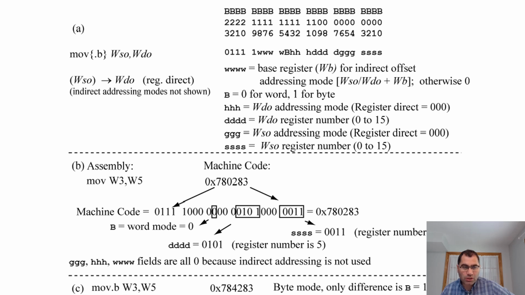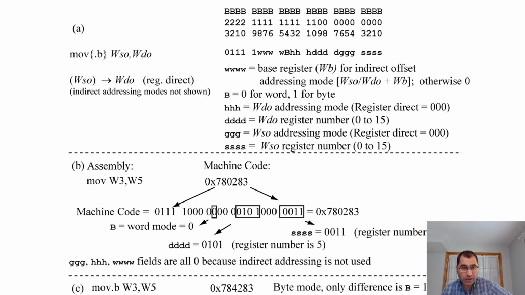This assembly instruction is going to be converted to machine code in this format. Here we have www. This is the base register, used for indirect addressing mode. We are currently not covering indirect addressing mode. We are currently doing direct addressing mode.